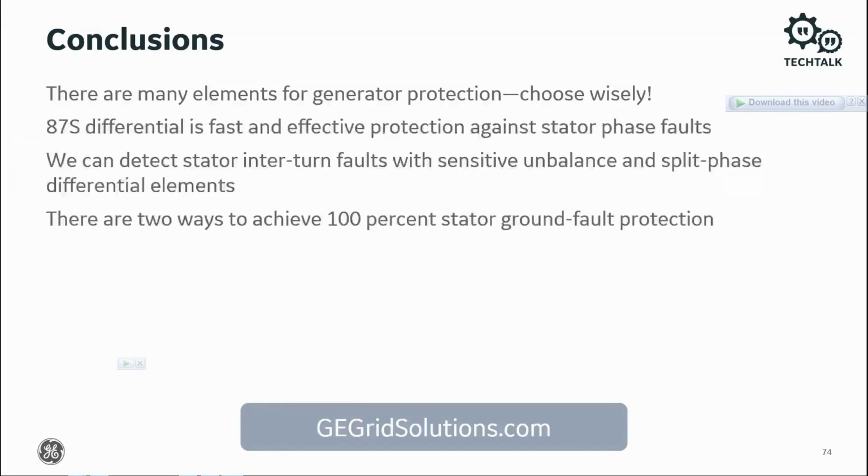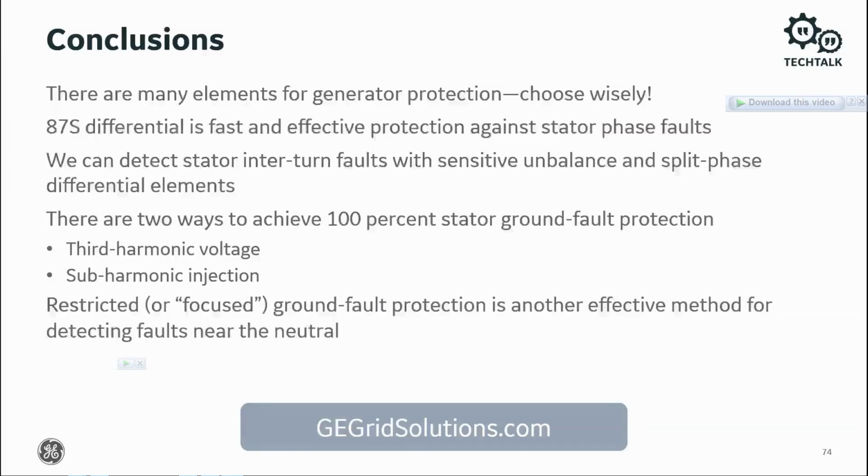There are 2 ways to achieve 100% stator ground fault protection: third harmonic voltage and sub-harmonic injection. Restricted or focused ground fault protection is another effective method for detecting faults near the neutral.